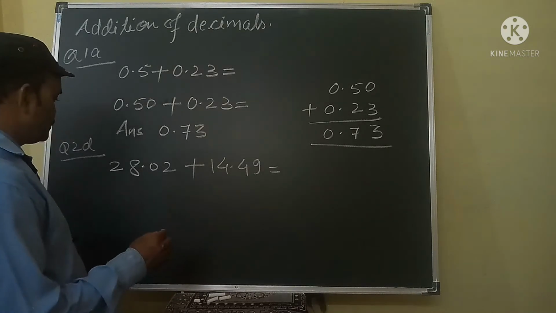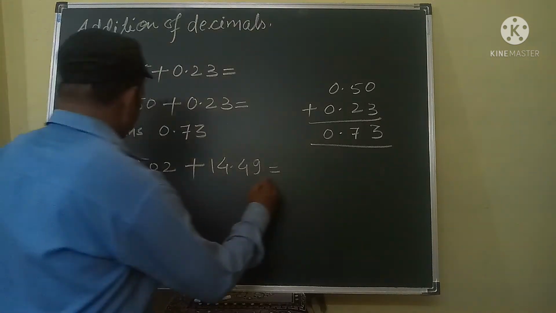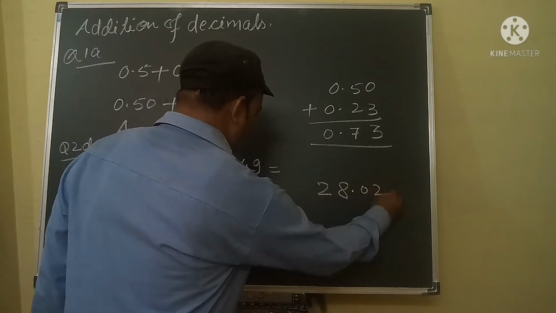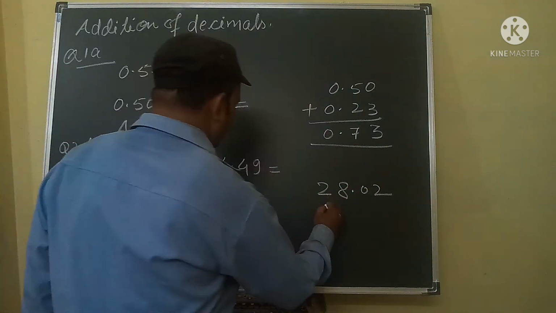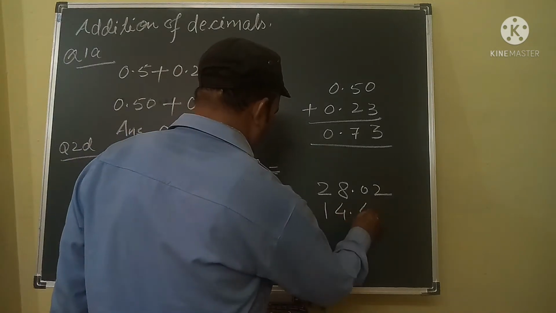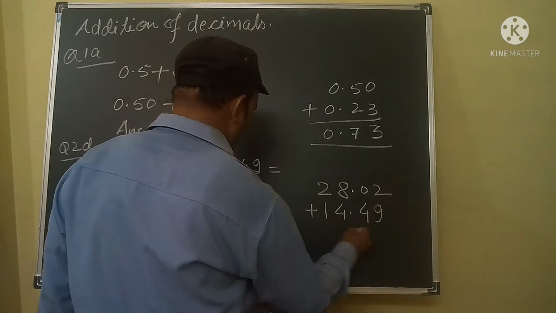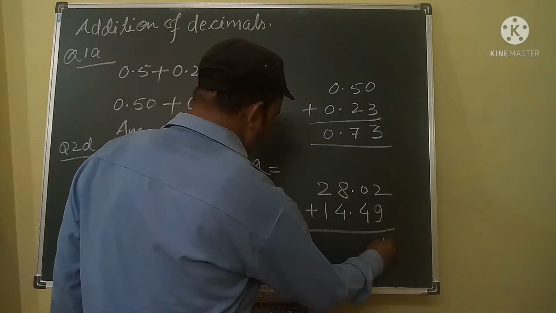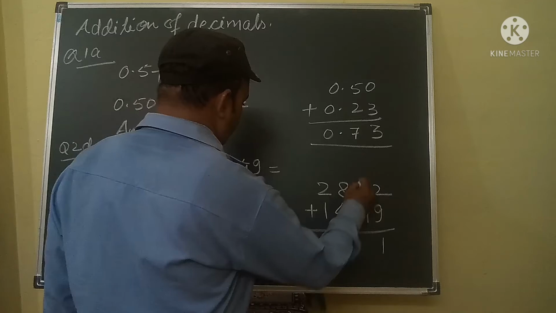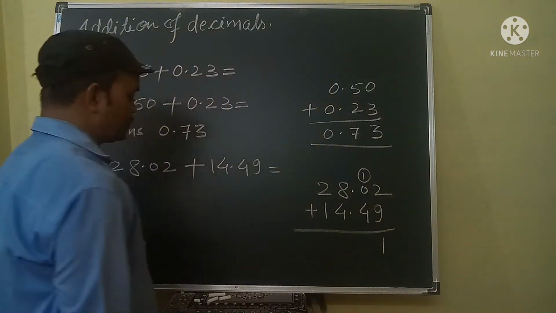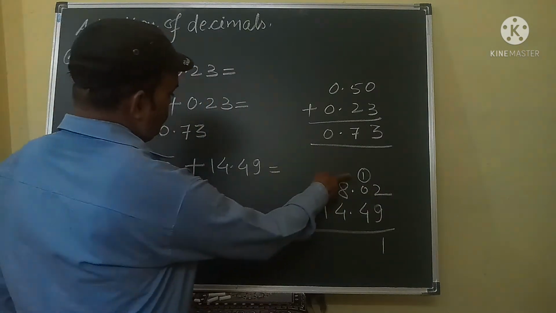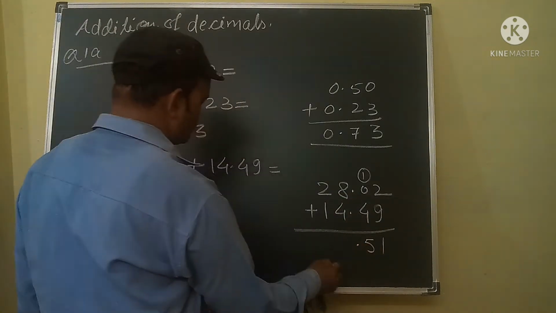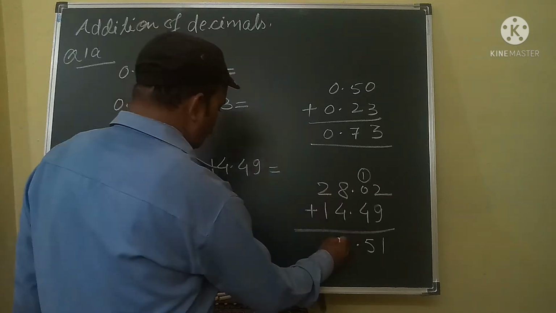Now look here. 28.02 and 14.49. Now we will add: 2 plus 9, 11. This is 1, carry over is 1. 1 plus 0, 1. 1 plus 4, 5. 8 plus 4, 12.